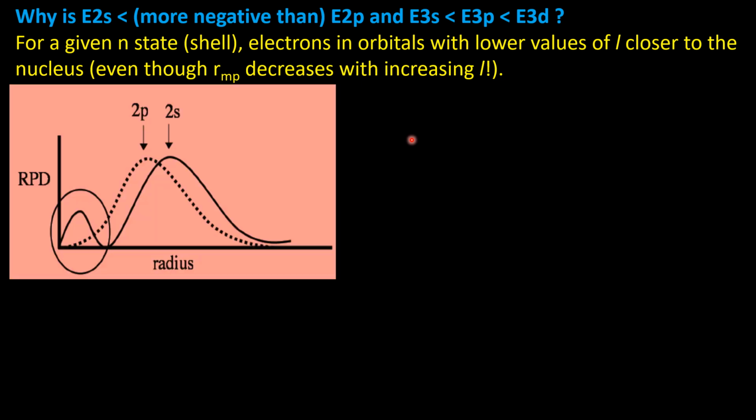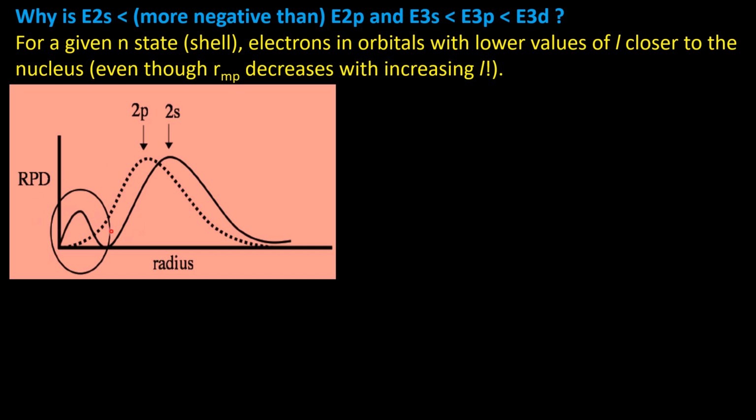So first, consider the radial probability density versus radius plot for the 2s and 2p orbitals. Here you can see the dotted line, and this one is the solid line for 2s. The 2s is closer to the nucleus as compared to the 2p, although the most probable radius is longer for the 2s as compared to the 2p orbital, as the 2s penetrates deep into the nucleus.